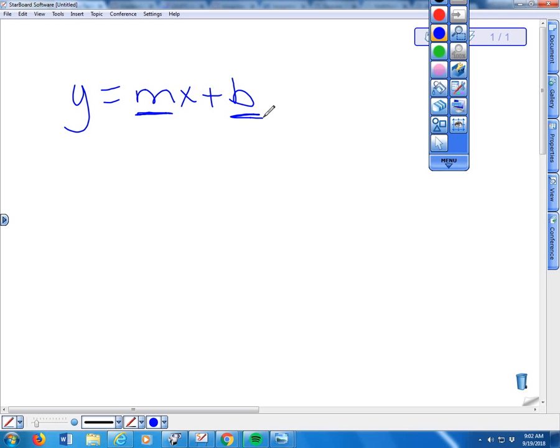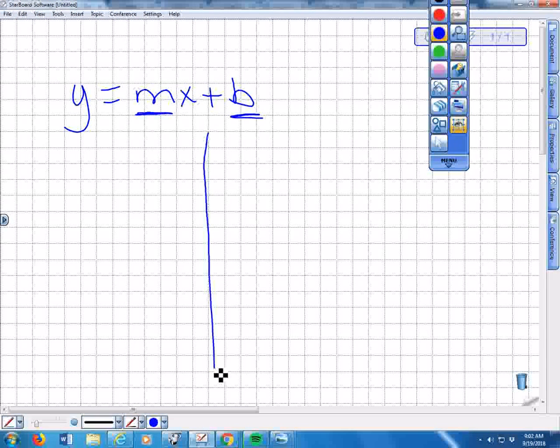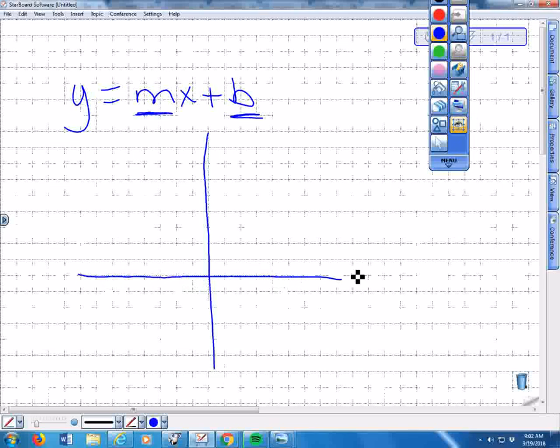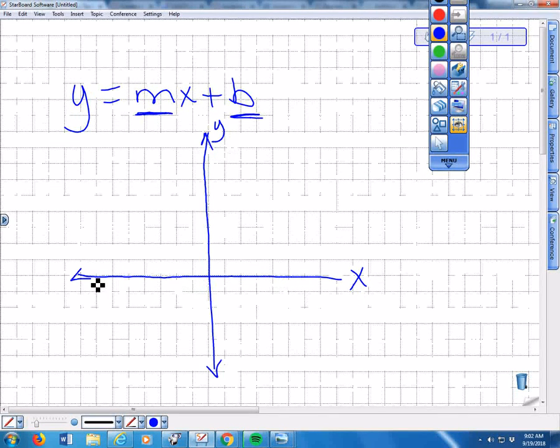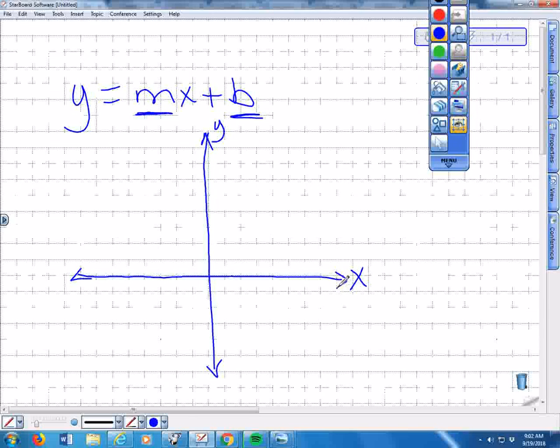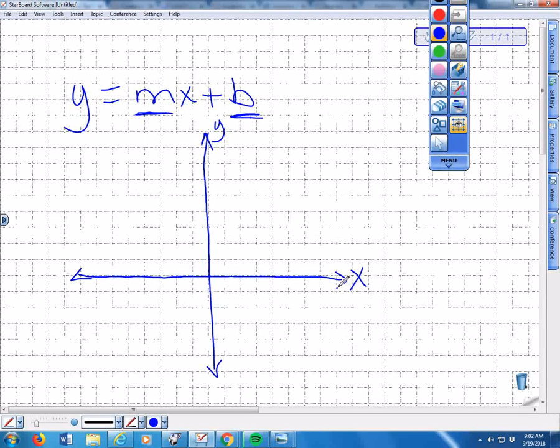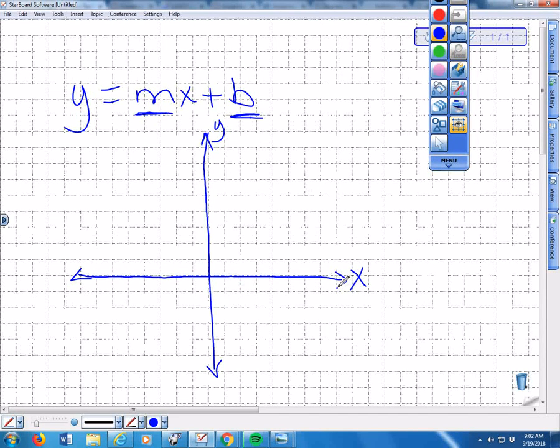When I look at the x and y axes, this is x, this is y. Okay? So wherever a line crosses the y-axis, which is the vertical axis, that's called the y-intercept.